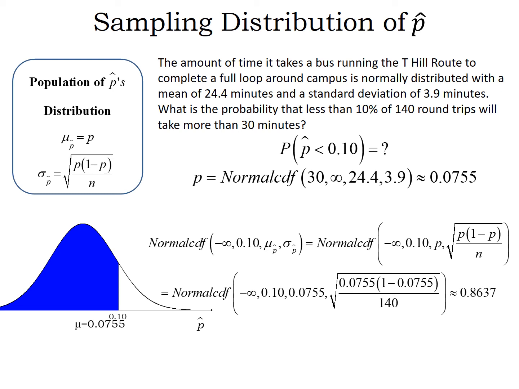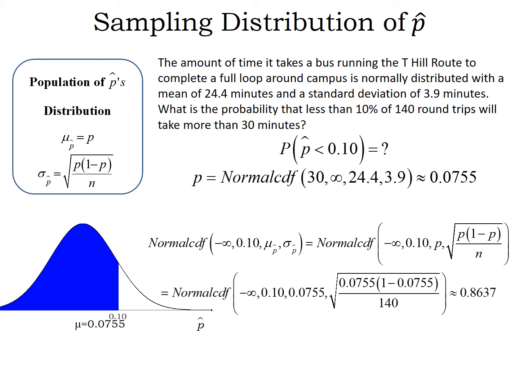Everywhere we see the N, inside the denominator of the square root, we're going to plug in the sample size of 140. And out comes our probability of 0.8637. So again, that means if we take 140 round trips on the hill route, the probability that less than 10% of those trips will take more than a half hour is 0.8637.